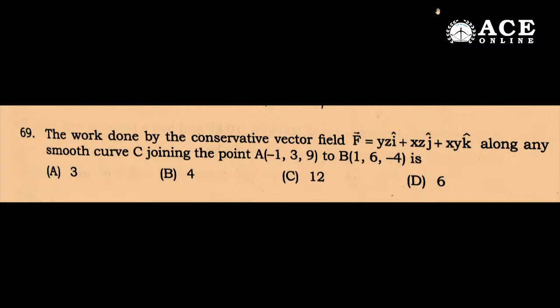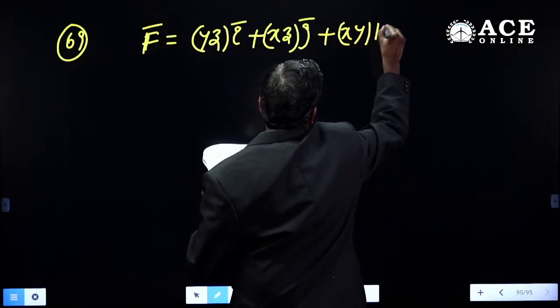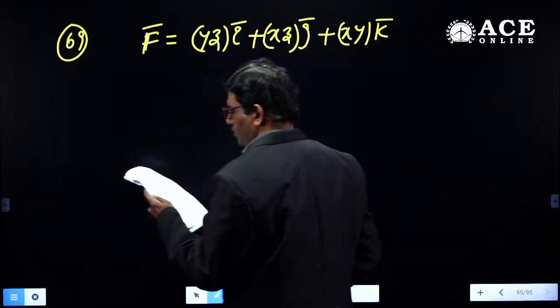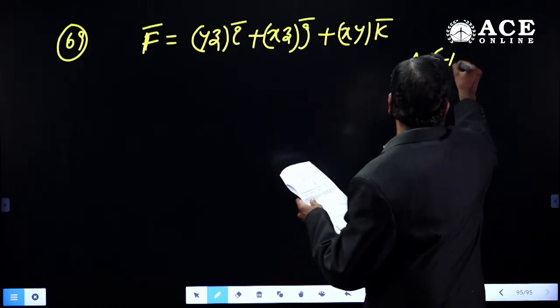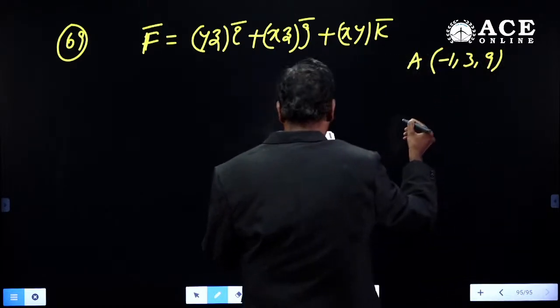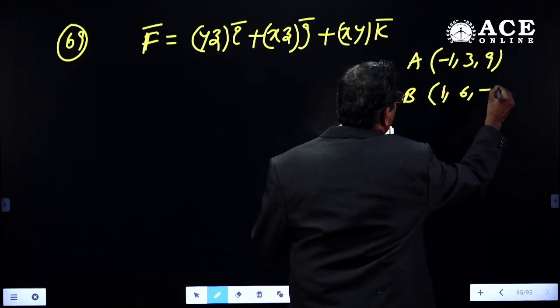The vector field is given as yz i bar plus xz j bar plus xy k bar, along the smooth curve C joining the points, one point given as (-1, 3, 9) and the second point is (1, 6, -4).